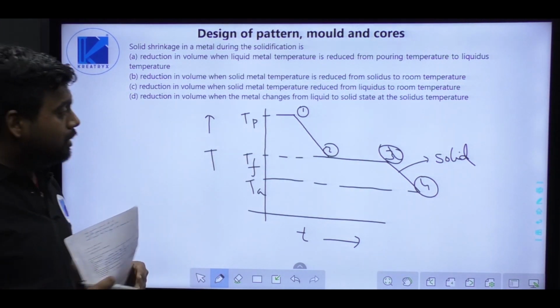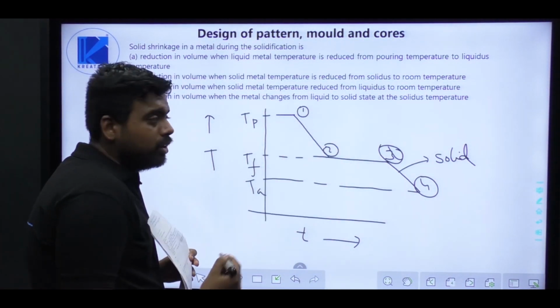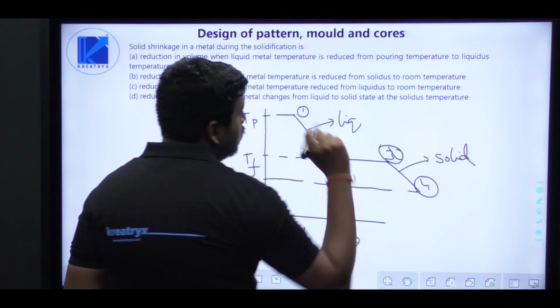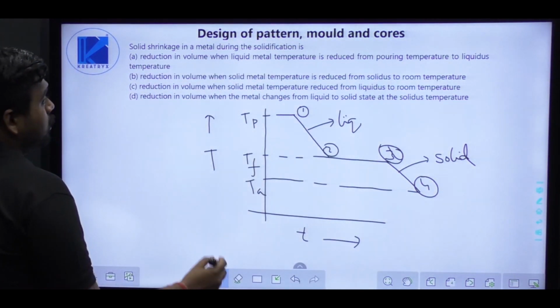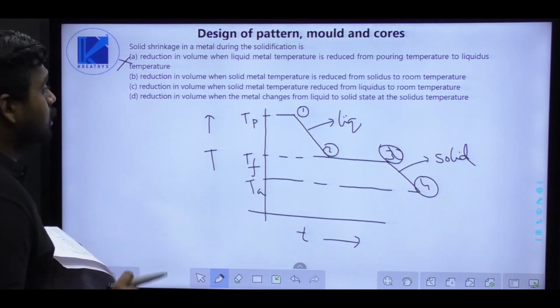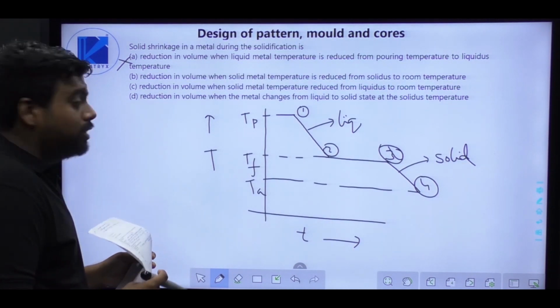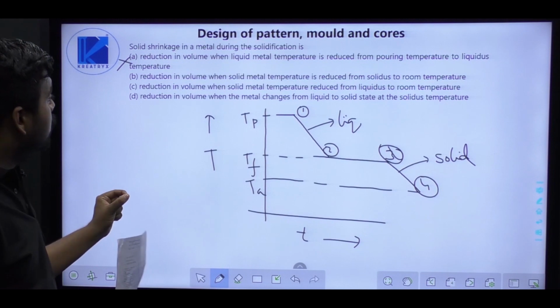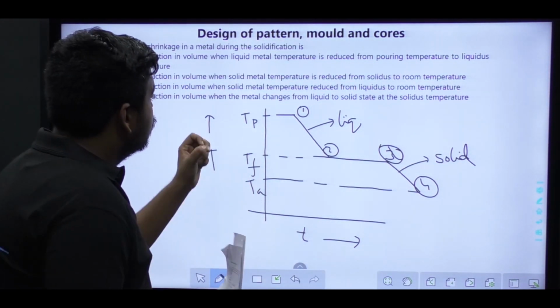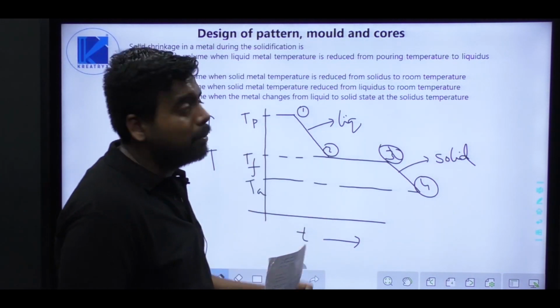But friends, from stage 1 to 2, the metal is in liquid stage, it is not in solid stage. So this option is incorrect because they are asking about solid shrinkage, not liquid shrinkage. Now the second option: reduction in volume when solid metal temperature is reduced from solidus to room temperature.